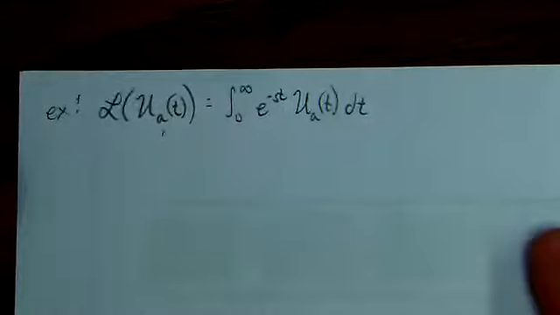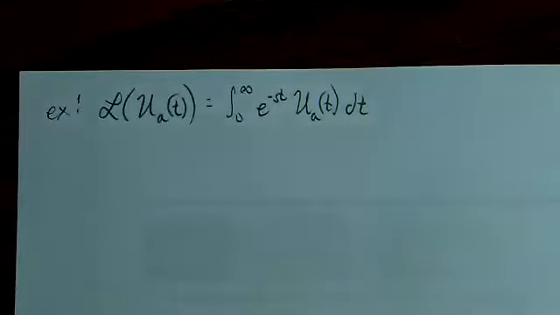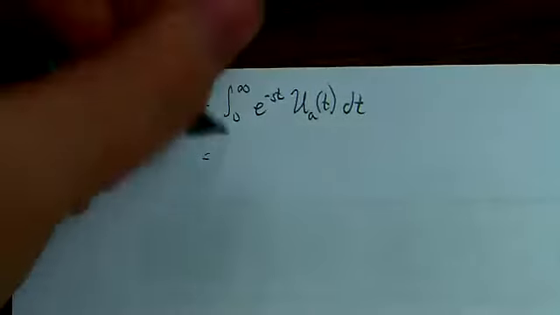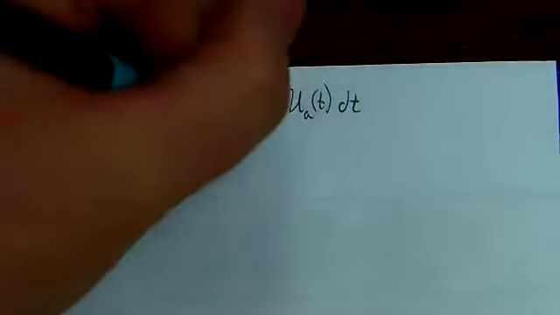We don't have any patterns we can go back to here, so we just have to go to the definition of a Laplace transform. This is the integral from 0 to infinity of e to the negative st, and now I've got the Heaviside function in here. Just like any other time we're doing integrals with a function that changes behavior, I'm going to break this into the intervals of its behavior.